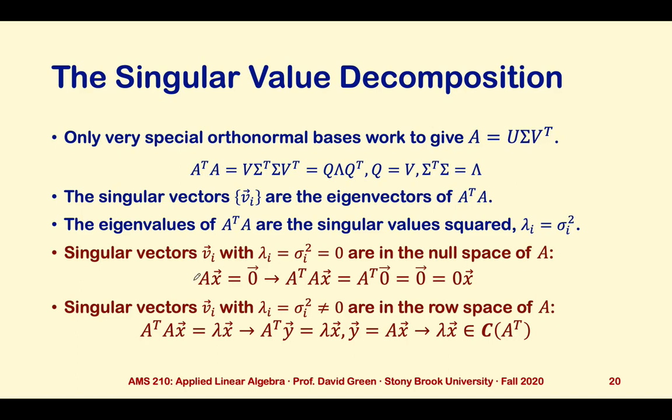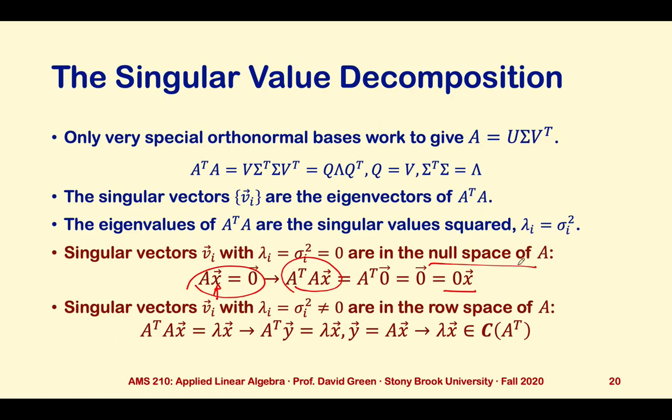Vectors in the null space of A have Ax equals 0. They satisfy the expression A transpose A x equals A transpose times 0, which is 0. So any vector in the null space of A also has to satisfy this equation, A transpose A x equals lambda x, with lambda equals 0.